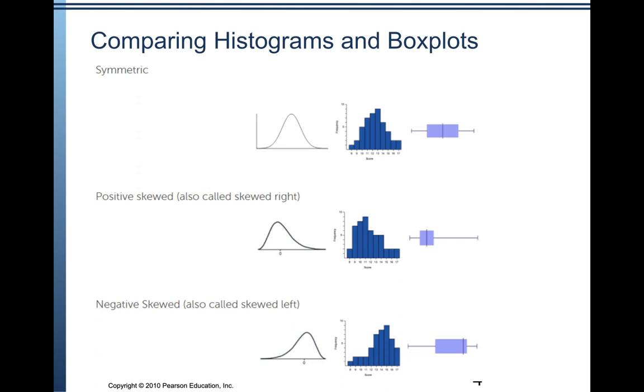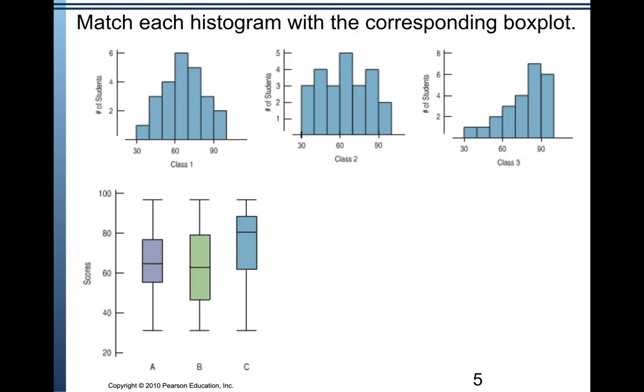Examples that you're going to see on your assignment, which, by the way, this will be your first assignment that's on Math Excel. So I wanted to show you an example of what that might look like.